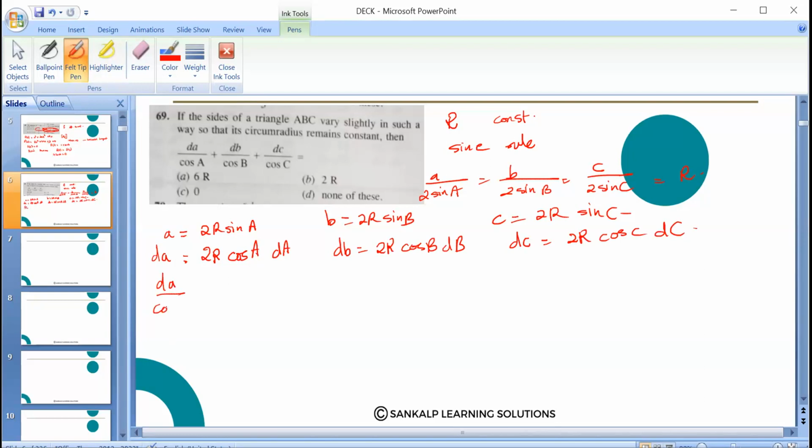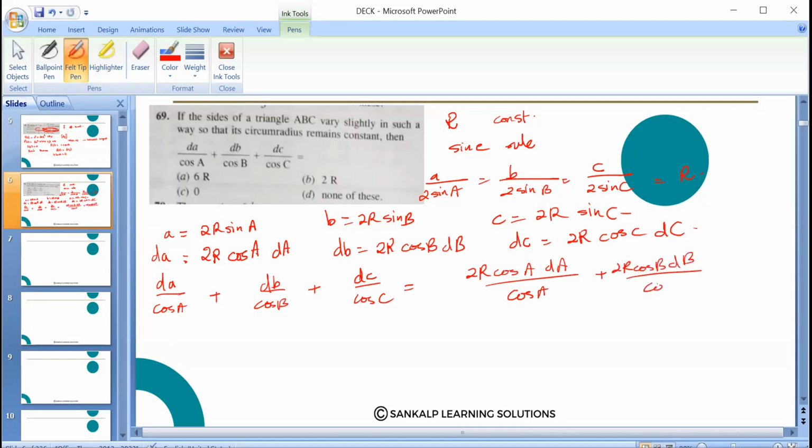Now dA by cos A plus dB by cos B plus dC by cos C is 2R cos A dA by cos A plus 2R cos B dB by cos B plus 2R cos C dC by cos C. Cos A, cos B and cos C will cancel.